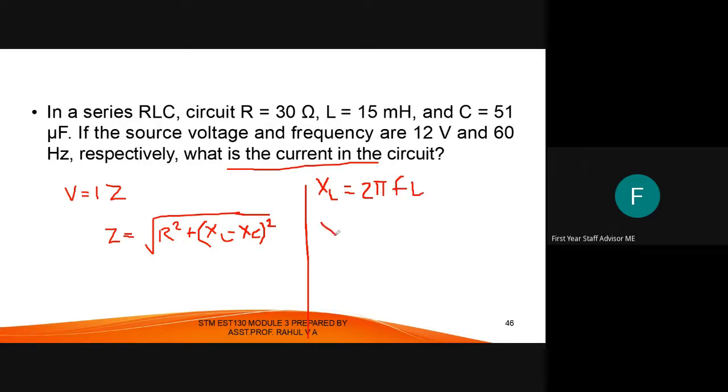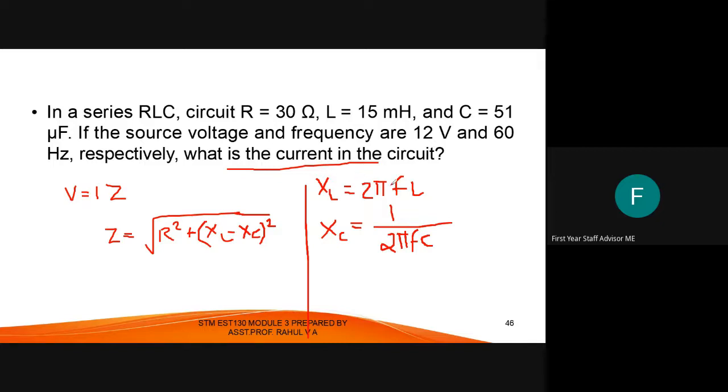XC ഏതാ? അതിനെ 1 by ആക്കിയിട്ട് എഴുതുന്നു, 1 by 2 pi F C. കാരണം കപ്പാസിറ്റീവ് റിയാക്ടൻസ് വരുമ്പോൾ കപ്പാസിറ്റർ മാത്രമേ വരൂ, ഇൻഡക്ടറിന്റെ ടേം വരുന്നത് XL-ൽ ആണ്. സോ ഈ രണ്ട് ഇക്വേഷൻസ് നോക്കിയാൽ നിങ്ങൾക്ക് XL കണ്ടുപിടിക്കാം.